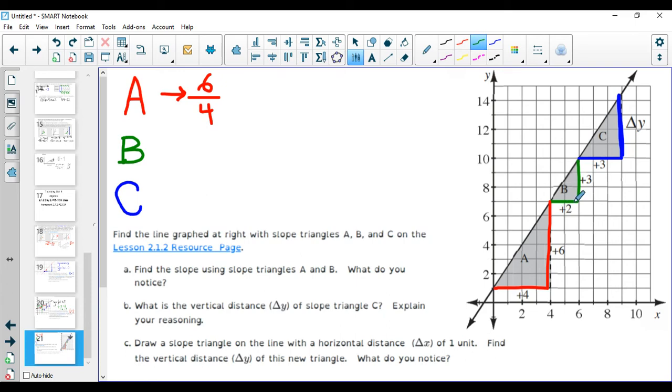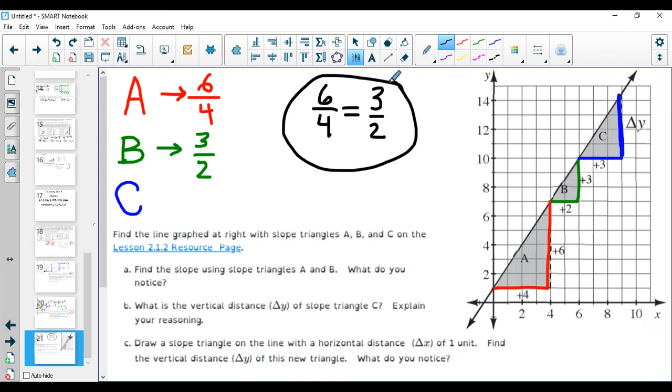For triangle B, we have a vertical change, or change in y is 3. And our horizontal change, our change in x is 2. And it happens to be that 6 divided by 4, when we reduce that, we get 3 over 2. It doesn't matter which slope triangle you use, you are going to get the same value either way.